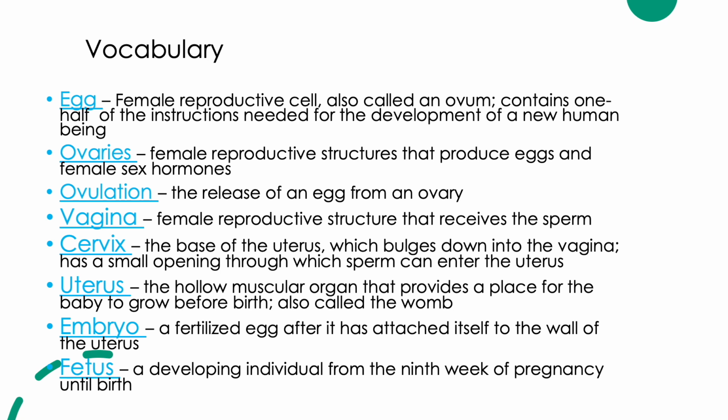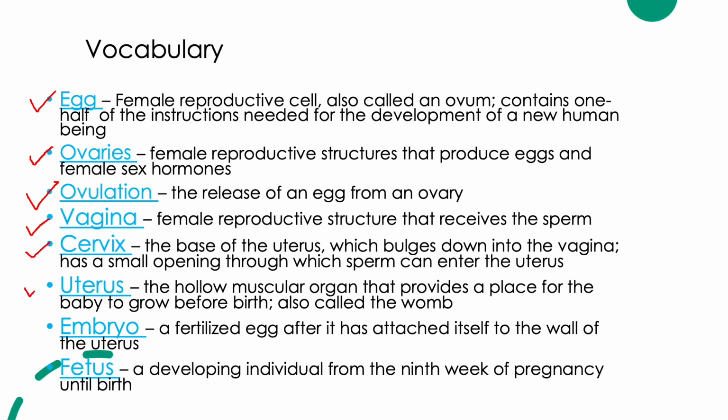On the other hand, we have the egg, which is the female reproductive gamete. It also has a half chromosome number, and is produced by the two ovaries in a process called ovulation. The female reproductive system has different structures, like the vagina, which receives the sperm, and the cervix, the opening of the uterus.